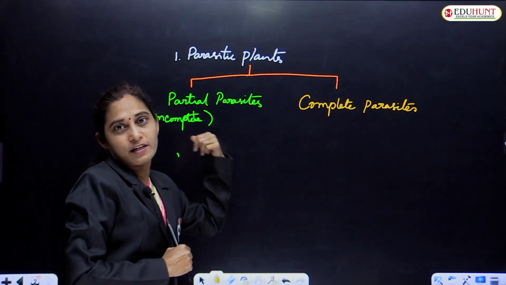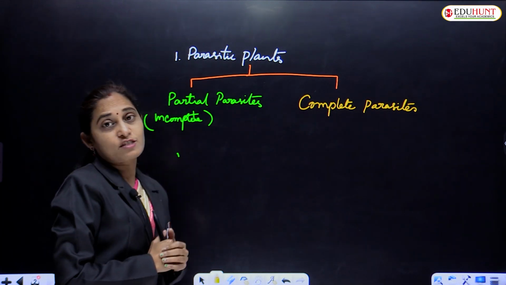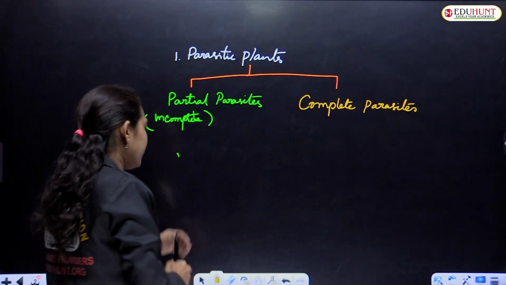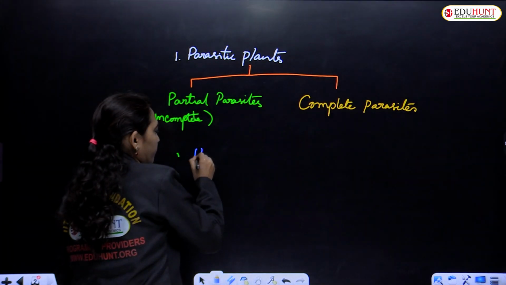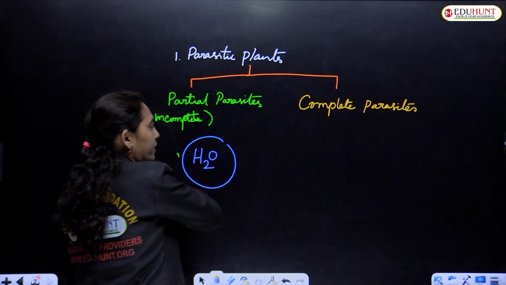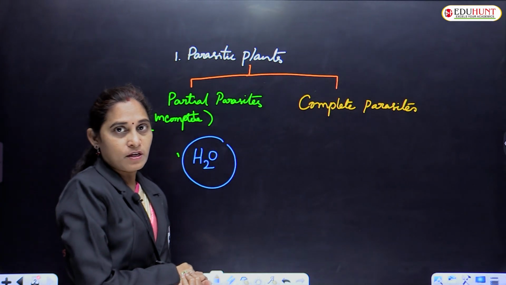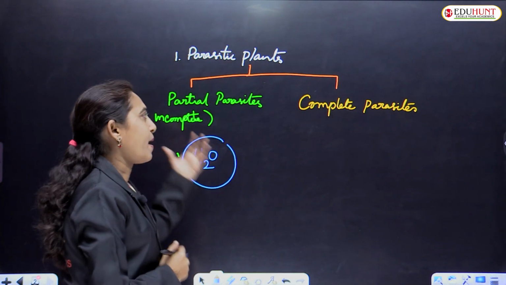Partial parasites are green in color. They can synthesize food, only they depend on other plants for water. They take water from the other plants. So these are partial parasites.